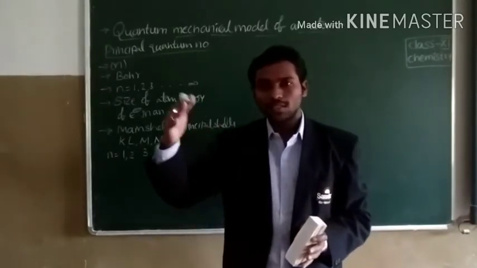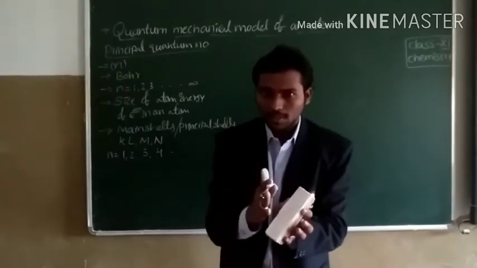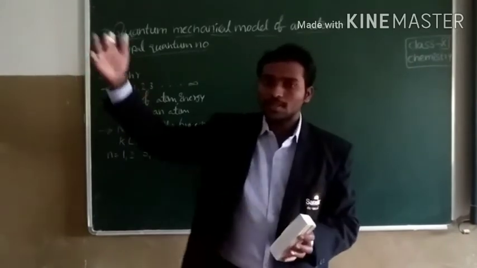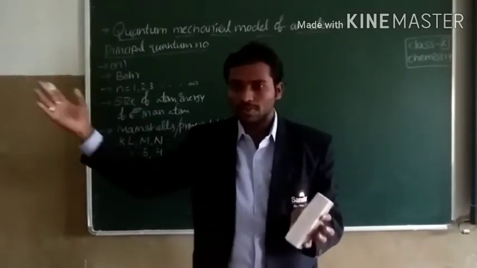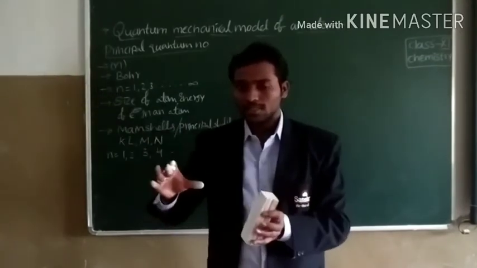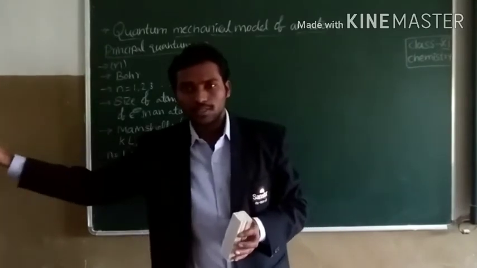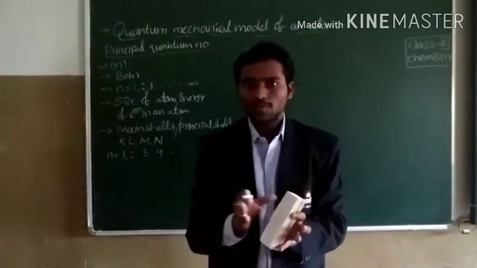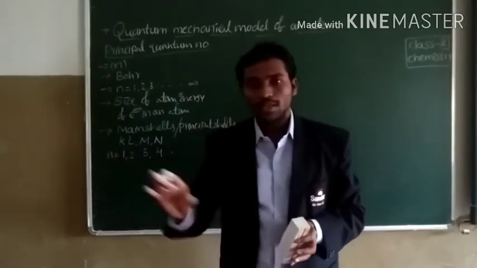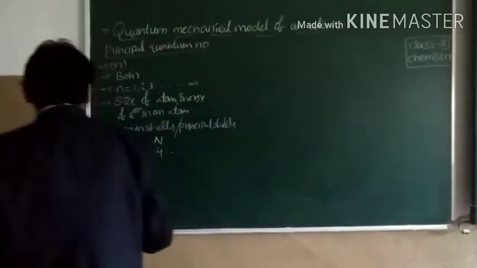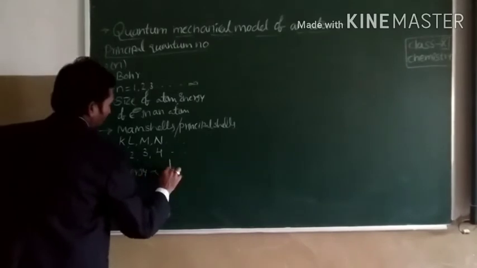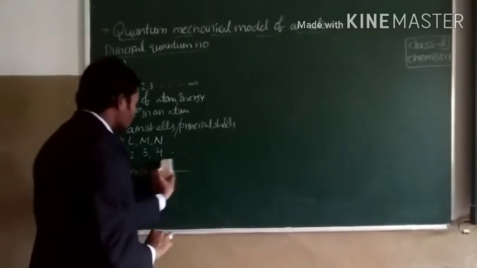When the distance between the nucleus and shells increases, energy of the electron also increases, because the force of attraction between the nucleus and outermost electron decreases, so the electron gets more energy and is free from the nucleus influence.